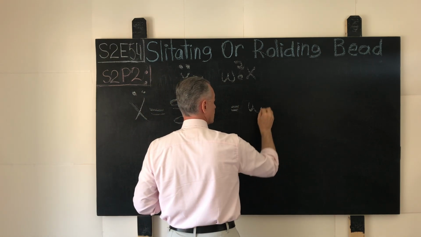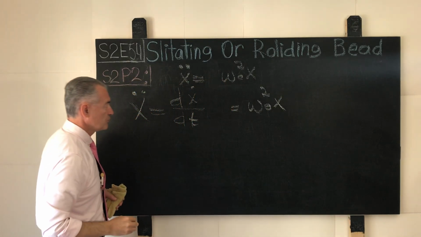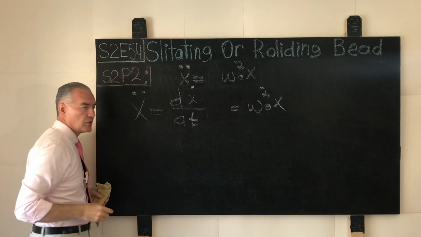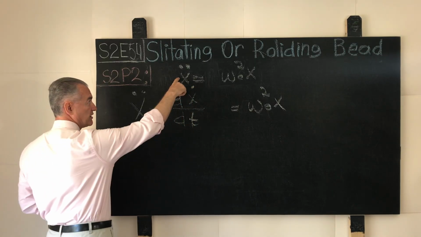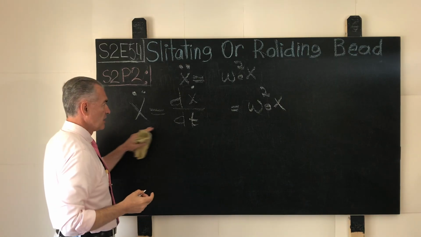That is equal to omega squared zero x. You see, so far nothing complicated. We pivot right on the material that we're given. We stare intensely, as Isaac Newton used to say, upon thinking about it. This is what we do.